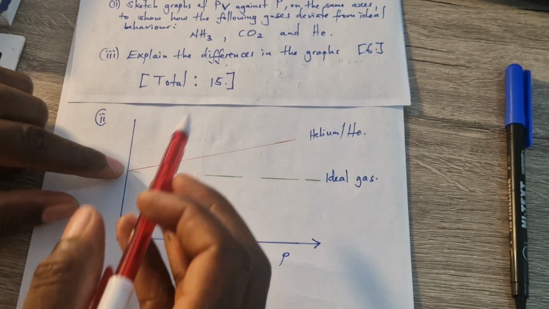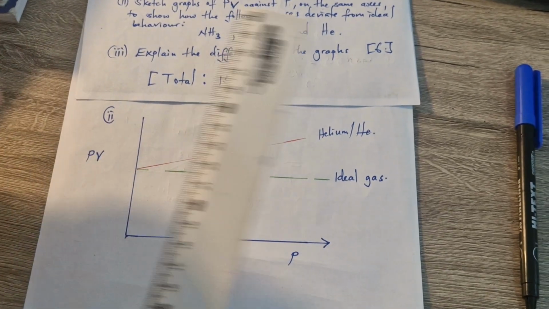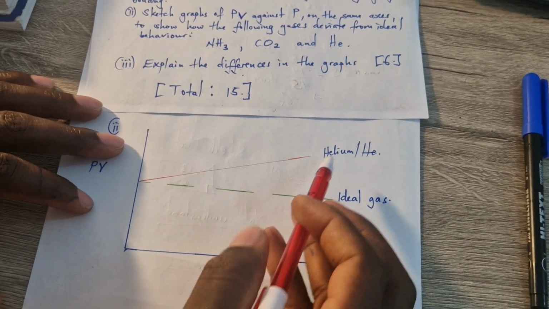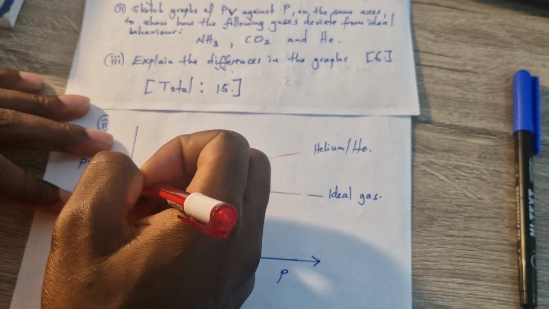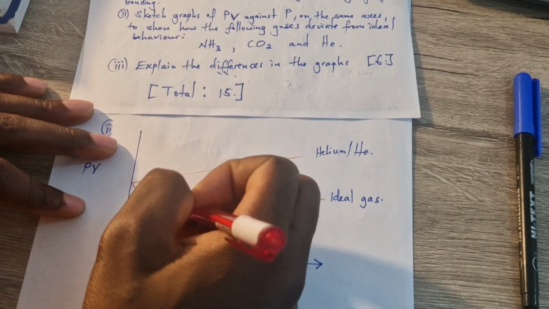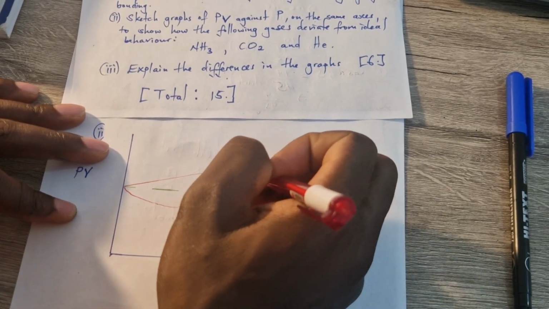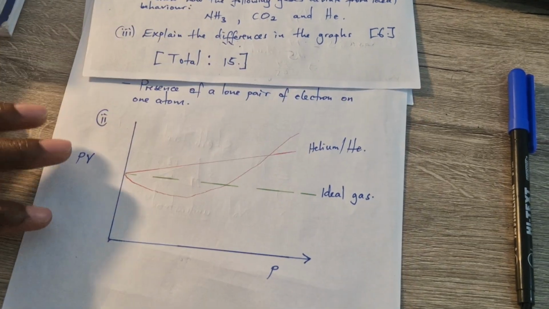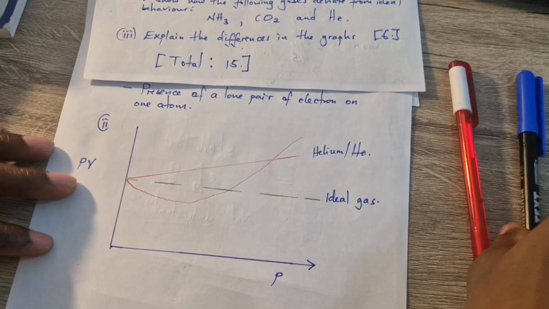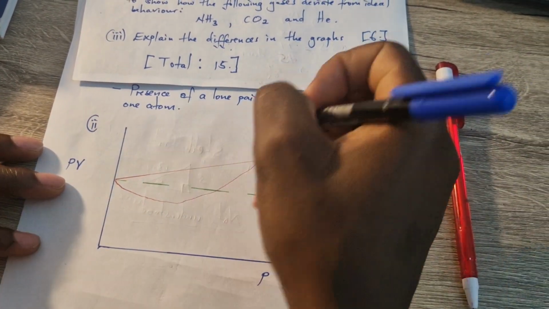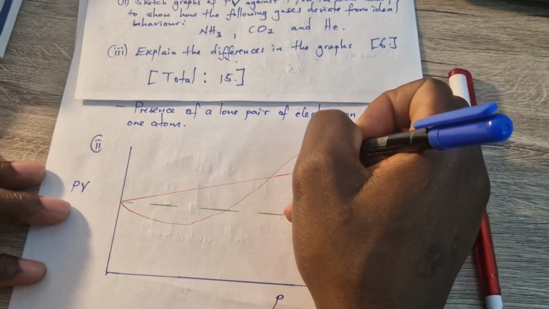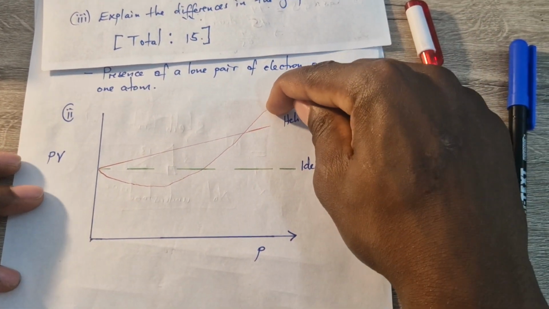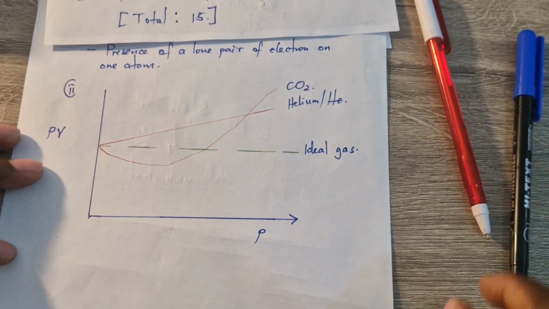So we expect the graph of carbon dioxide to deviate more from ideality than helium. So for carbon dioxide it looks like this. So this is for carbon dioxide. So this is above that of helium.